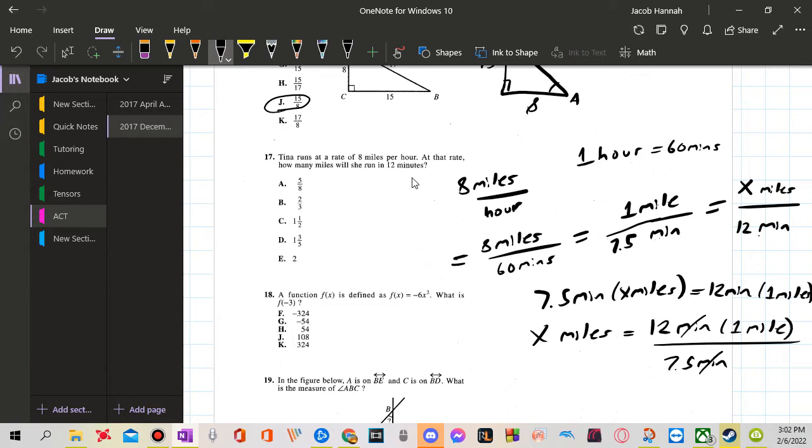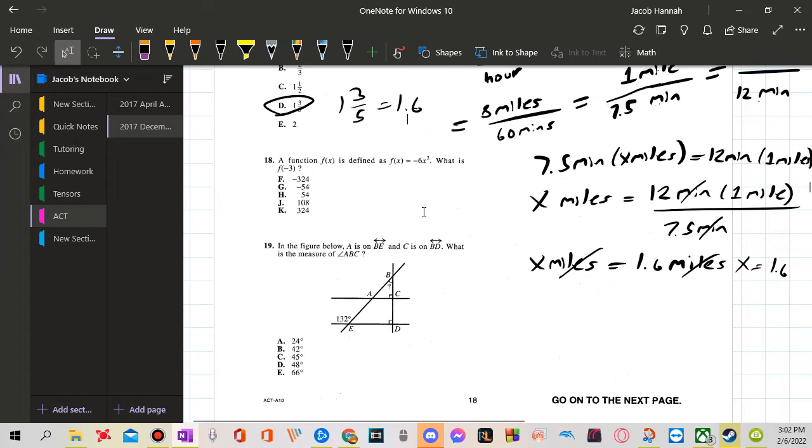It's 1.6. So x miles is equal to 1.6 miles. So miles cancels out, and x equals 1.6. So 1.6 is D, since 1 3/5 is 1.6. Alright, cool.